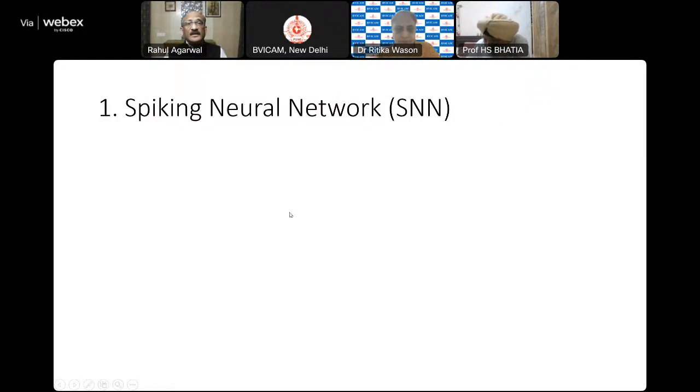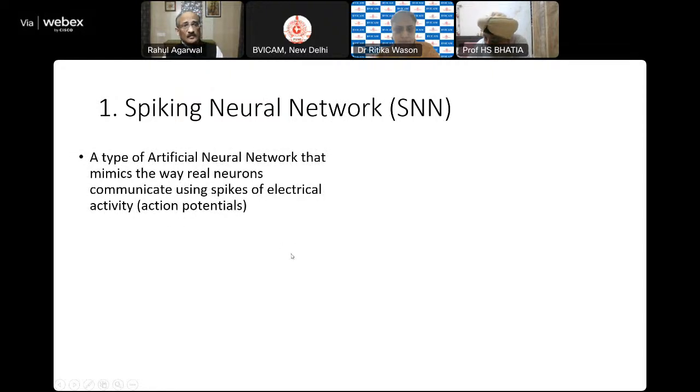So let's understand how it works. We talked about three requirements. One was spiking neural networks. It's a type of artificial neural network that mimics the way real neurons communicate using spikes of electrical activity.